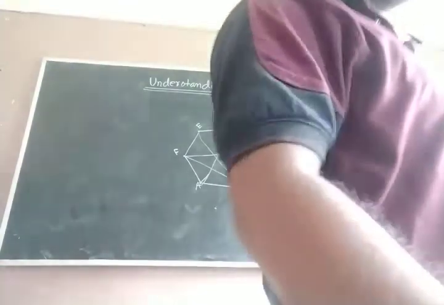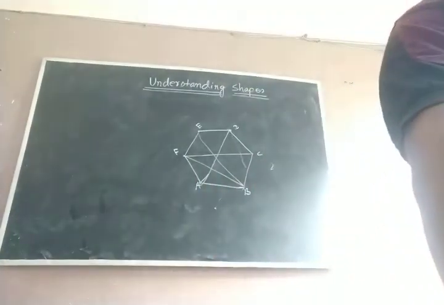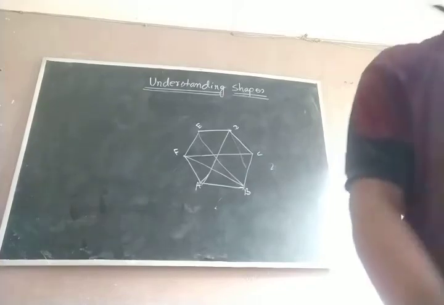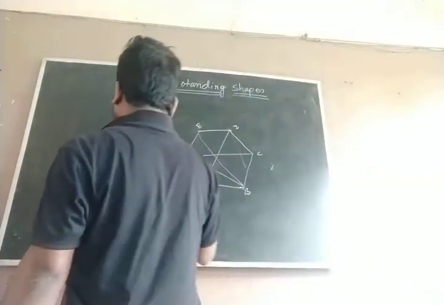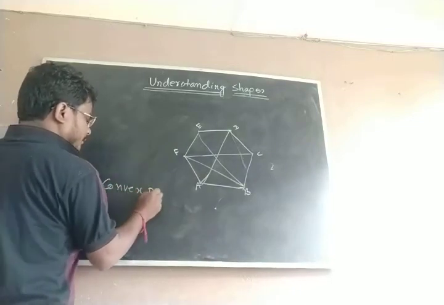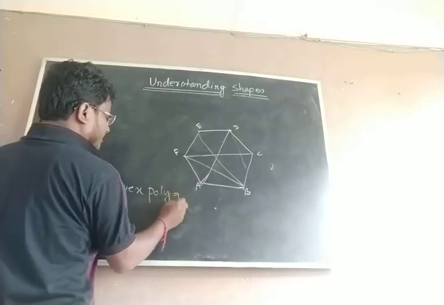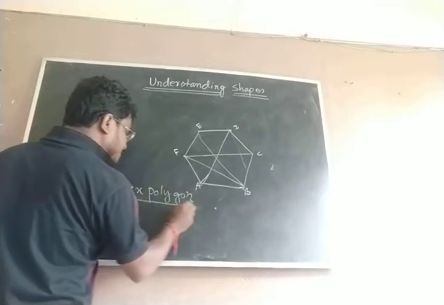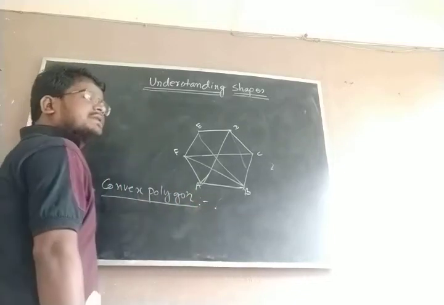Now we have to know about polygons. There are two types of polygon. One is the convex polygon and another is the concave polygon. What is a convex polygon? A polygon whose each interior angle is less than 180 degrees.